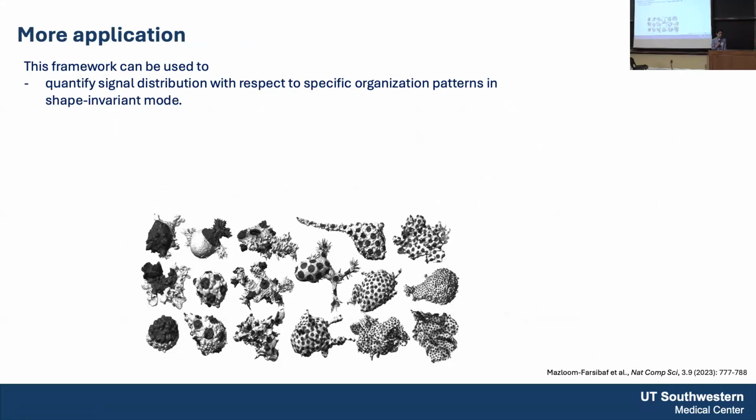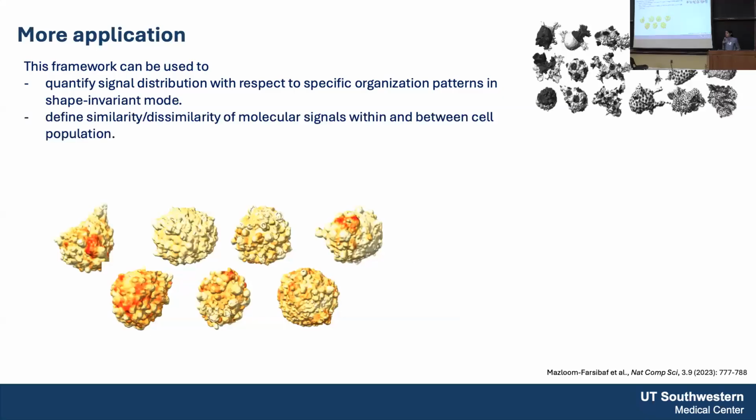As a summary, and for more applications, we can quantify the different spatial scales of protein organization across a cell population with diverse geometry. We can use it for quantifying the similarity of organization for a single experimental condition across different cells, because in reality we don't want to perturb the geometry.